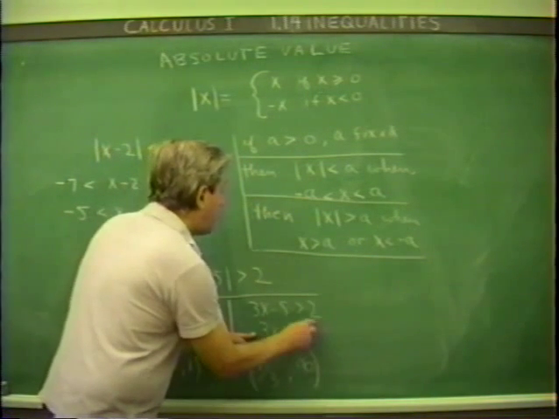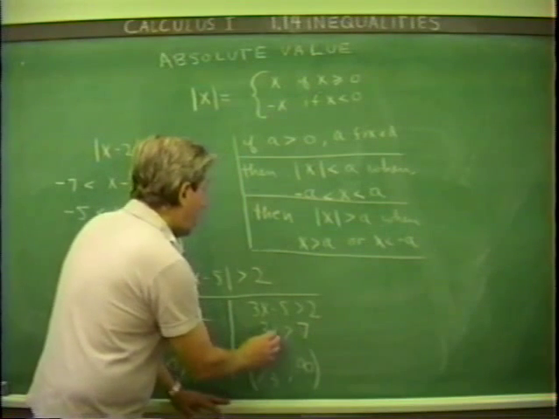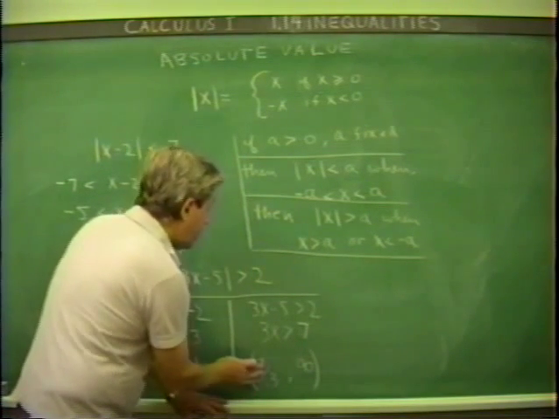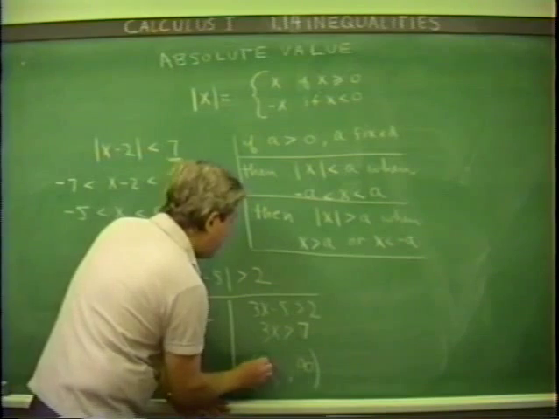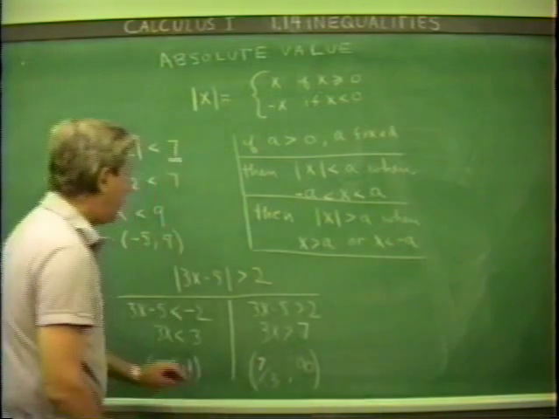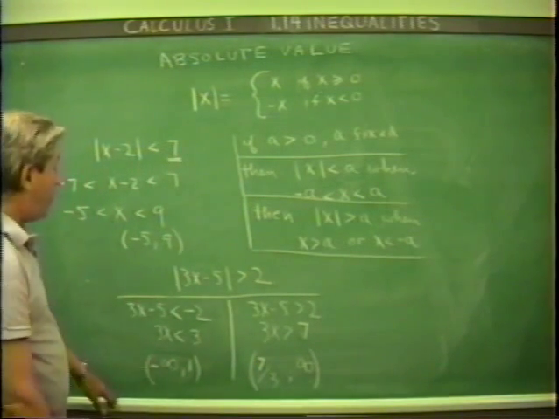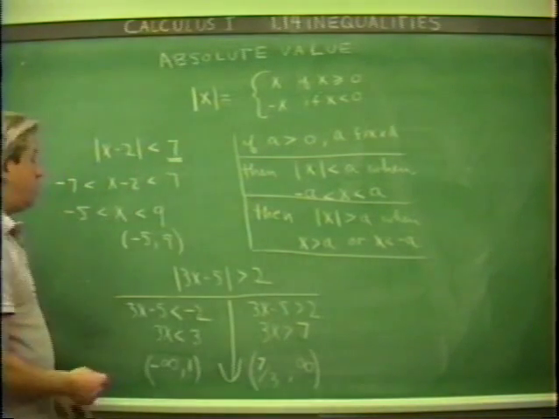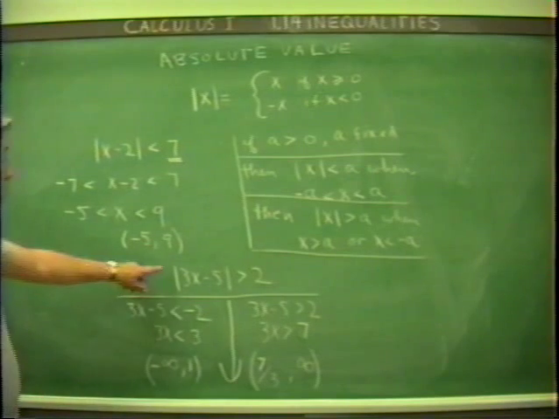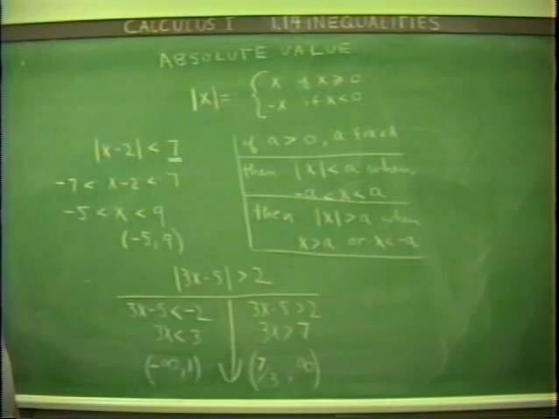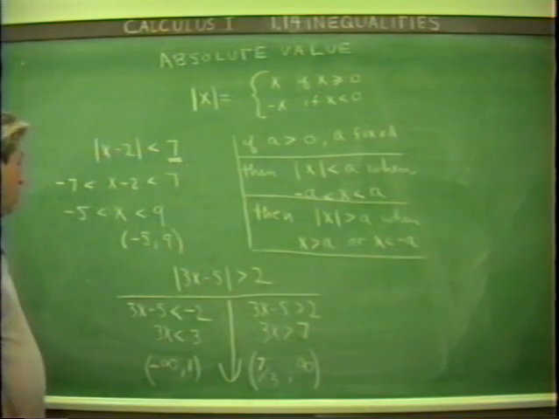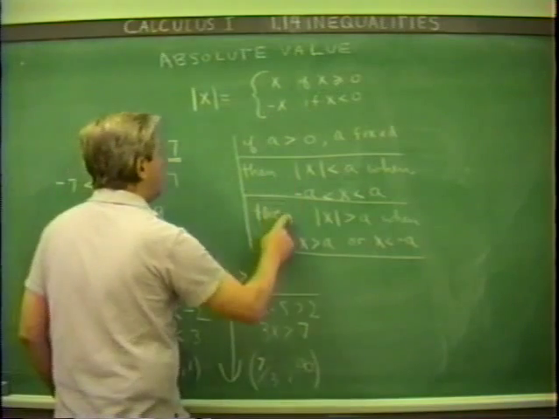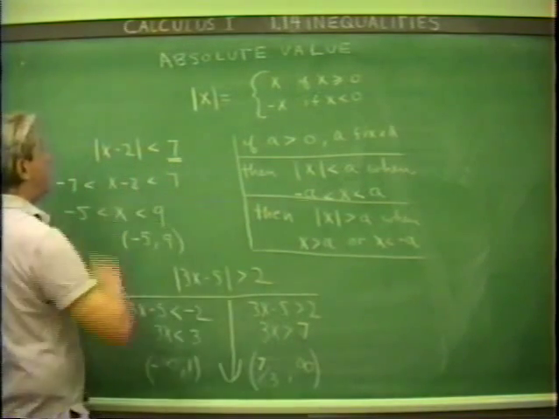Here, adding, we have 3x minus 5 larger than 2, 3x larger than, well, adding 5, 7, or x larger than 7/3, so this should be 7/3 to infinity. Okay. Now, granting that everything has been done properly, the union of these two intervals is the solution set to the inequality: when is absolute 3x minus 5 larger than 2.